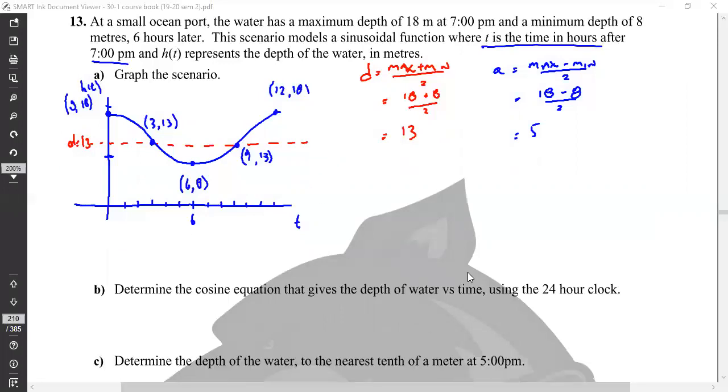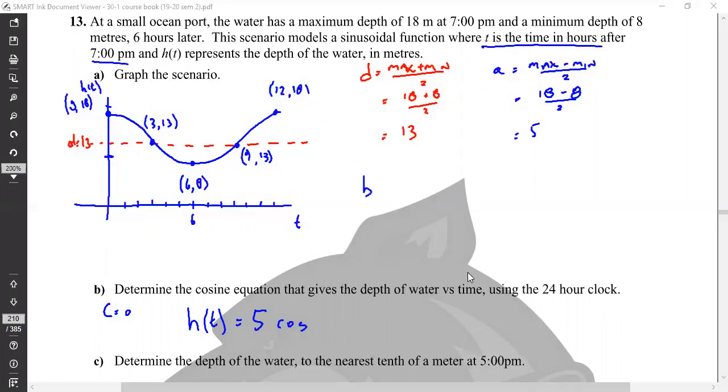This now says determine your cosine equation. That's nice that we want a cosine equation because we do have a maximum at time 0. So we're not going to have a c value. So c is equal to 0. What do we have for our equation? H of t is equal to a is 5 cosine. We should calculate, what are we going to need in here? We're going to need b.